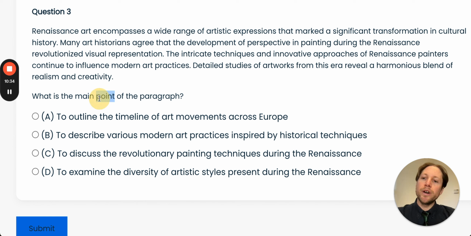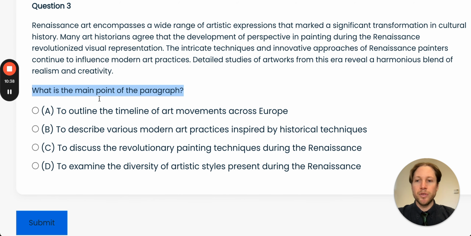All right, so what we want to do is find that central idea, that main idea of the paragraph. And what I really like to do is find where this is located in the paragraph before I even look at the answer options, to have a better idea of where I'm targeting. I first and foremost always look at the first sentence.